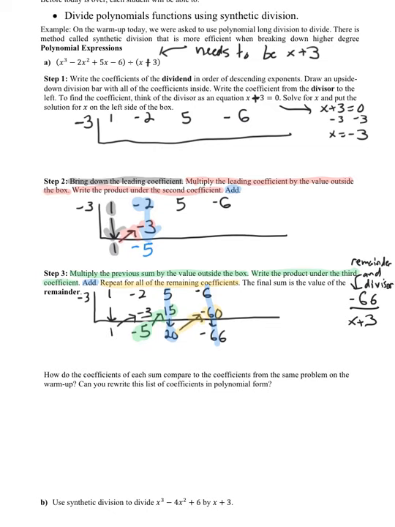Something else that happens here, I have this 1, -5, and 20. That's technically 1x squared minus 5x plus 20.